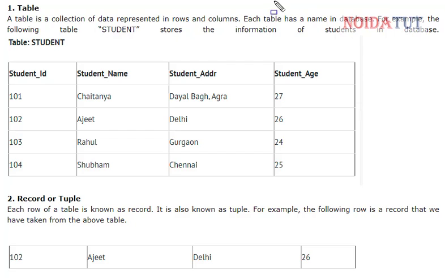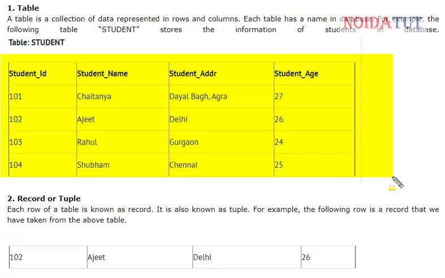Now talking about the table, which you can see in the diagram, this is just a table student. In this we have a student ID, student name, student address, student age. So this is the design schema of the table.